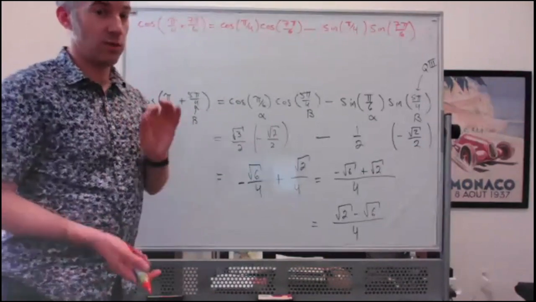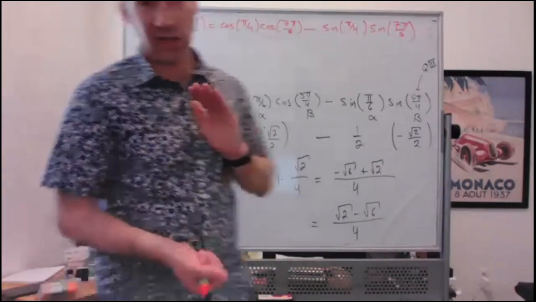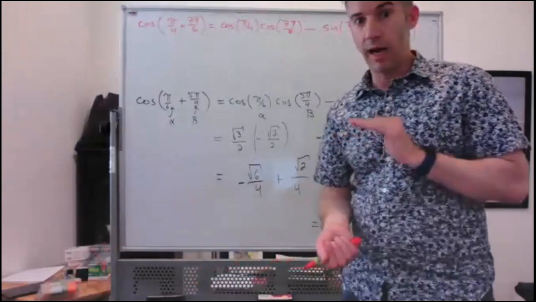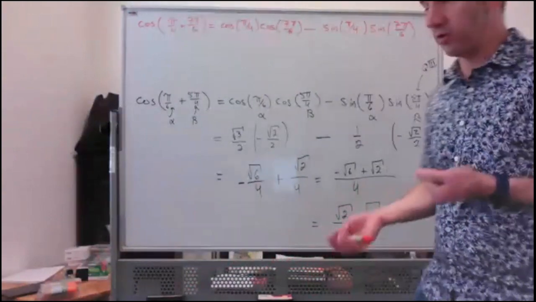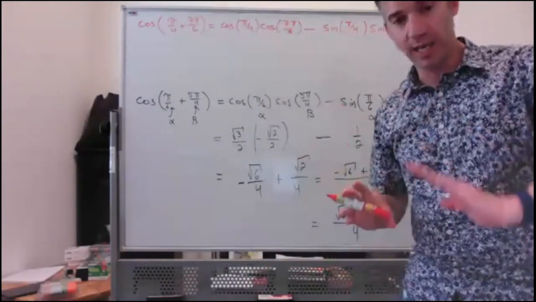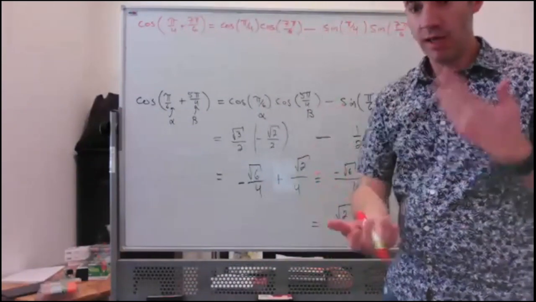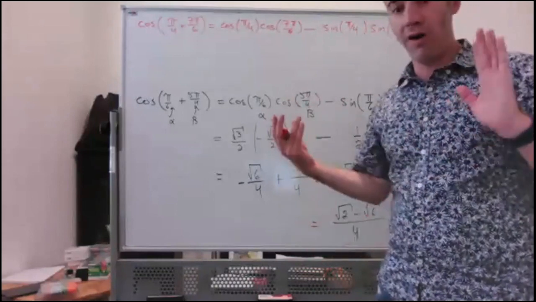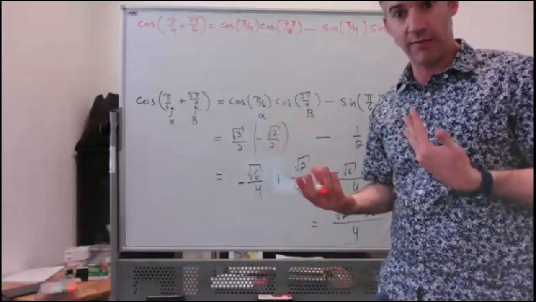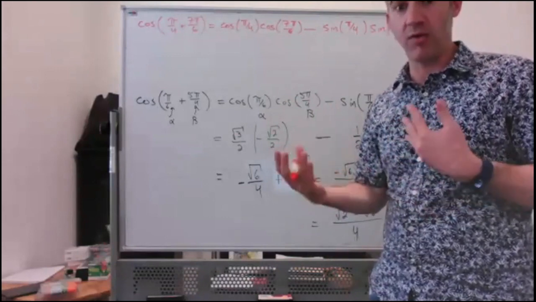Yeah, that's an excellent point. I'm not looking for the quadrant of the original angle. I'm looking at the quadrants of the angles I know. Now, I will point out, since you bring it up, 17 pi over 12 is in the third quadrant, which means our overall answer should be negative because it's cosine of an angle in quadrant 3.